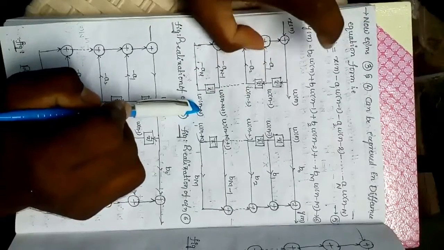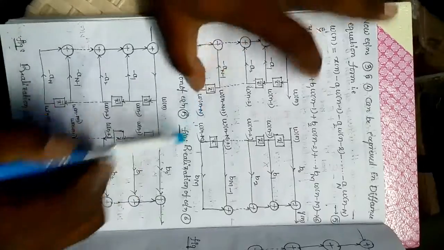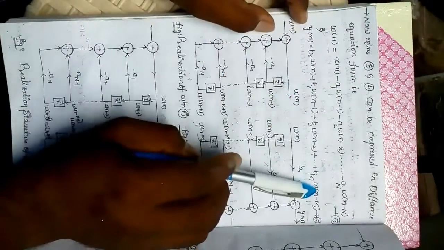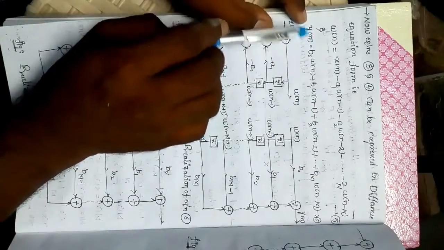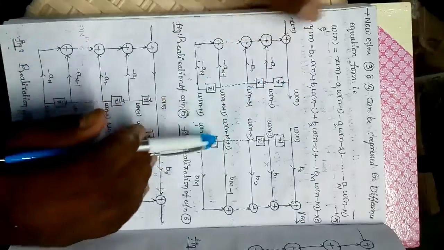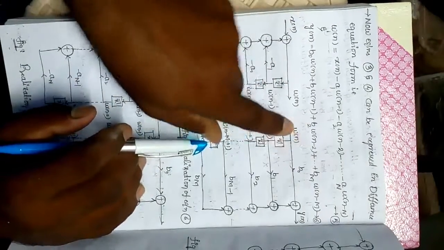Similarly equation 6: we want y of n equal to b0 into w of n plus b1 into w of n minus 1, and this is the w of n.